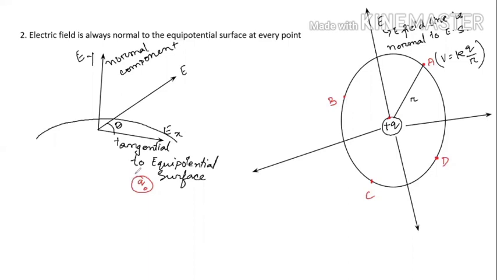Because here you have an electric field component EX, and if the test charge is moved over the surface, there would be work done against this electric field, which is not possible. So that is why electric field lines are always normal to the equipotential surface at every point. This is our second property.